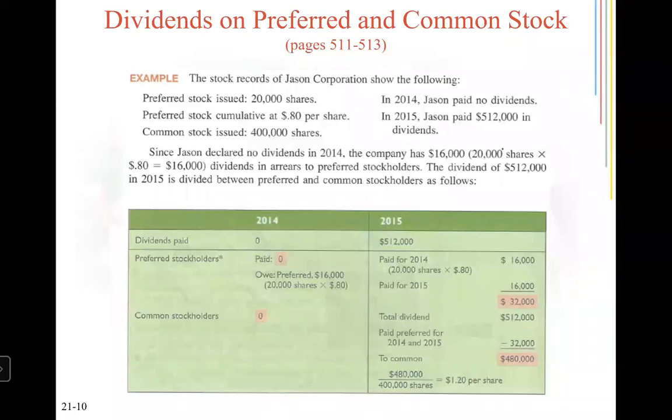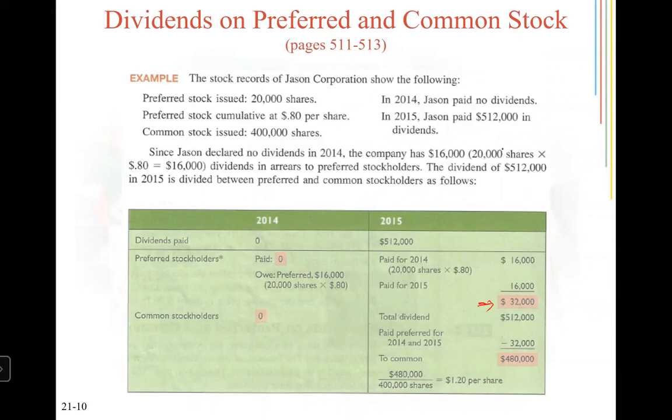And then for 2015, they still also have to pay them for that year, when they paid the dividends. So they owe them for 2014 and 2015, and altogether they owe them $32,000 for those 2 years, which you see right here in the pink shaded area. The total dividends paid out was $512,000.